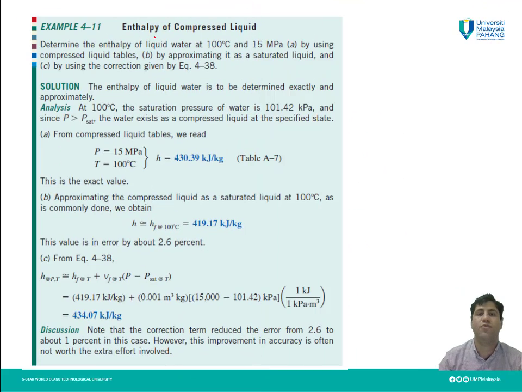Here we have an example to see how we can use those equations, which I showed you, to find the enthalpy of a compressed liquid. In this example, we are going to determine the enthalpy of liquid water at 100 degrees Celsius and a pressure of 15 megapascal. We need to do this by three different methods: by using compressed liquid tables, which you have already seen in the previous chapter, table A7, I think.